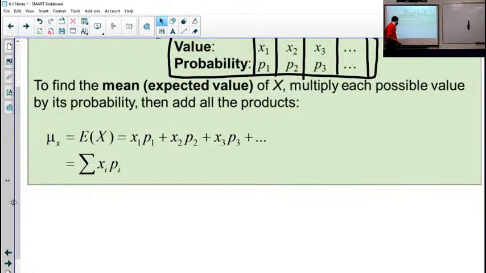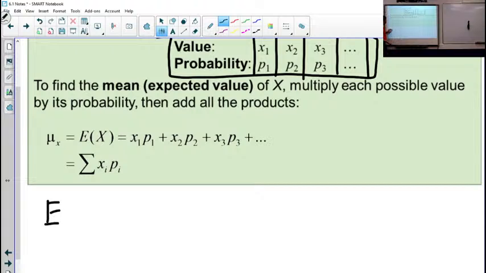So to show you how this formula looks in this table, expected value for x.